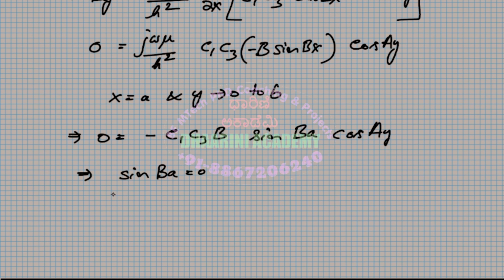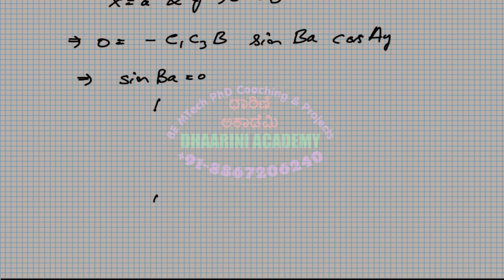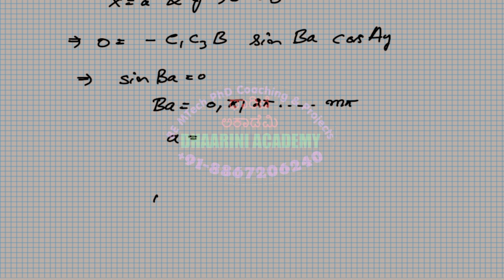So when this happens, I can say that the BA is equal to 0 or pi, 2 pi. In general, it is n pi. Since n is already used, I'll use another number, m pi. Okay, sorry, I know A, so I cannot write A equal to.